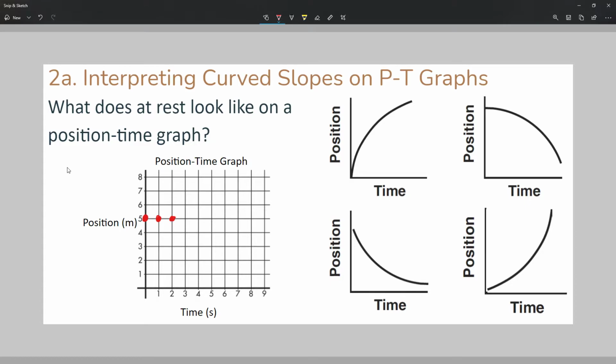This is 0 meters. So you're not moving from a position of 5 meters, and so it's going to look like a straight horizontal line. That's what at rest on a position time graph looks like.